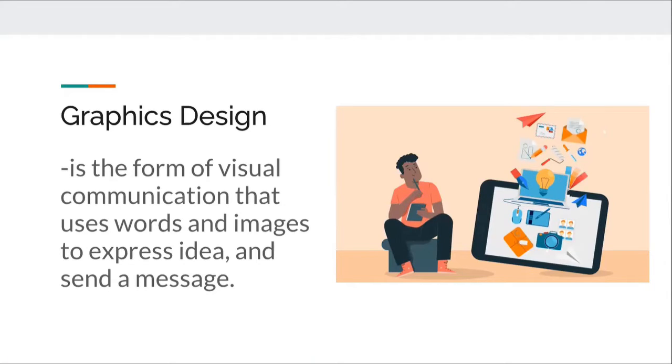So when we see those pictures, we are able to immediately know what it was. That's visual communication, and graphics design is also a part of art that is digital. And with graphics design, it gives you a lot of ideas and allows you to send a message without speaking.